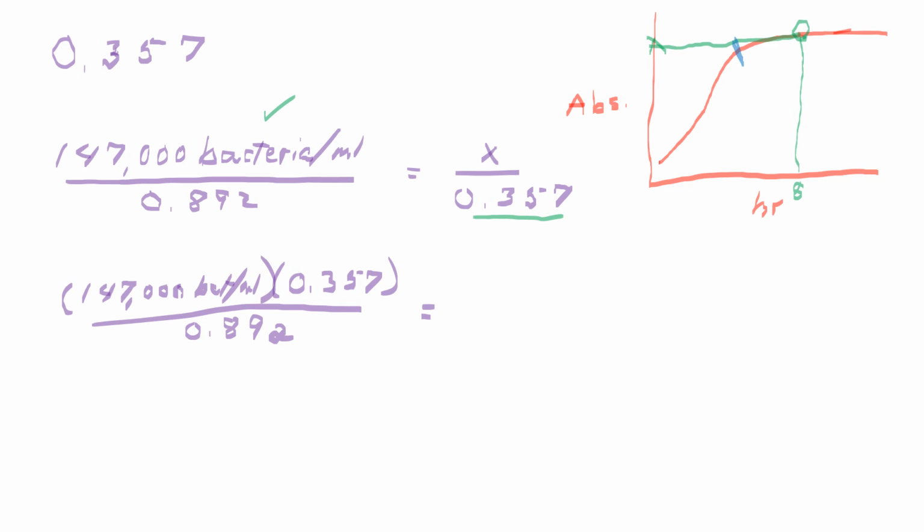And once again, using my handy little calculator, the answer is 588,333 bacteria per mil. So yes, the answer did indeed come out between the two.